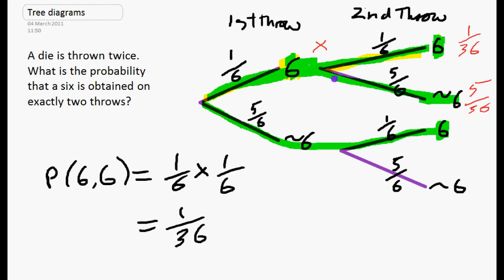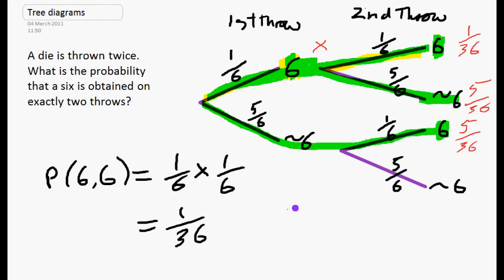Remember, when you multiply fractions, you do top times top, which is 5, and bottom times bottom, 6 times 6 is 36. And we want this branch: top times top gives me 5 again, and the bottom times bottom gives me 36.